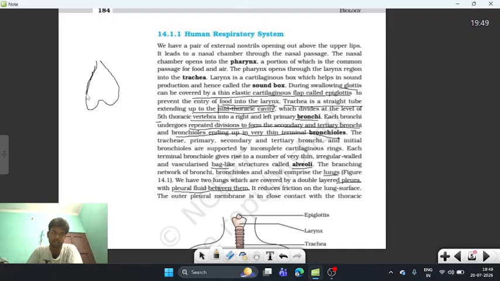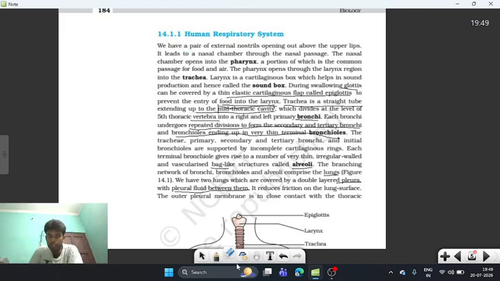This is a very thin layer, this is the pleura. Inside the pleura there is a fluid called pleural fluid. Got it?